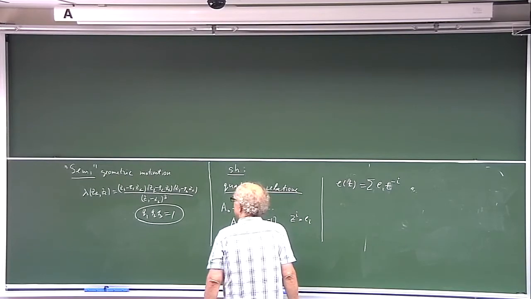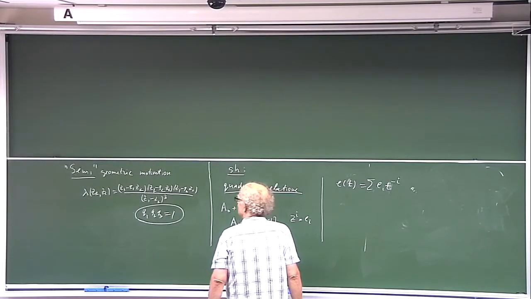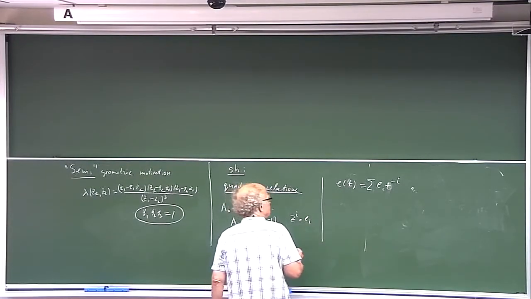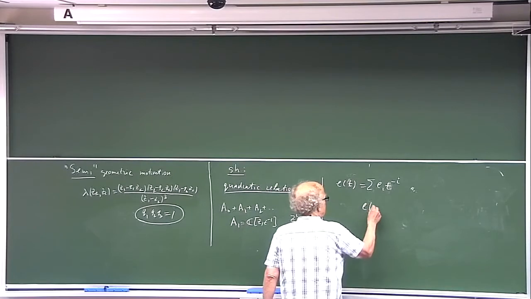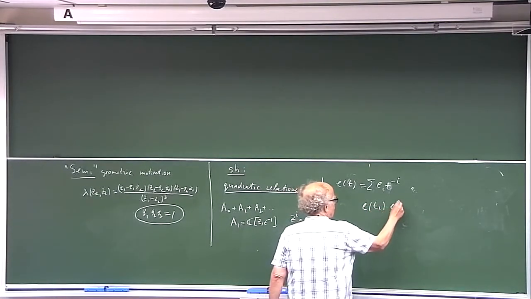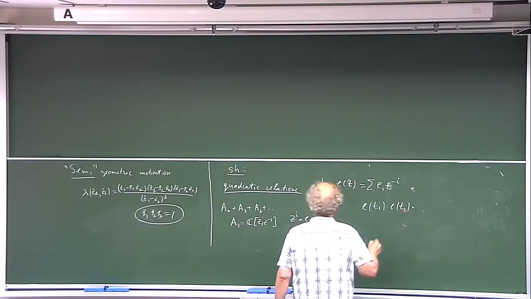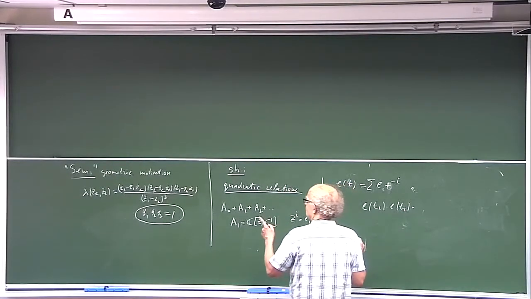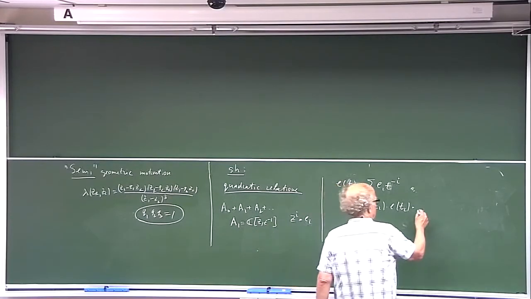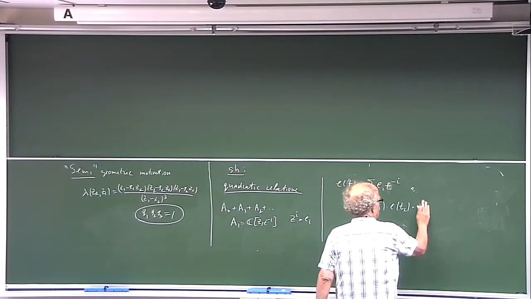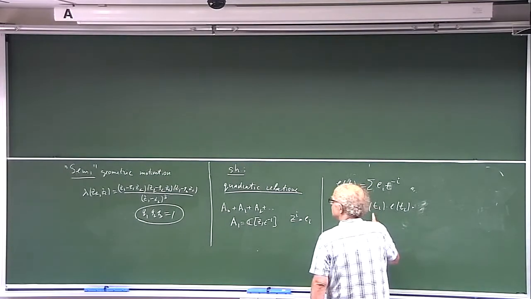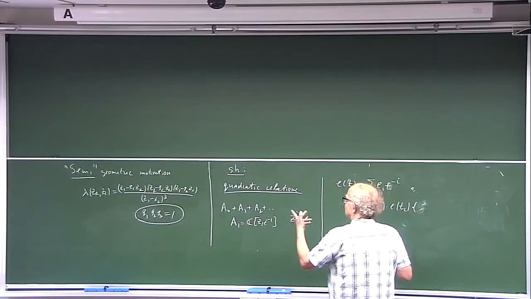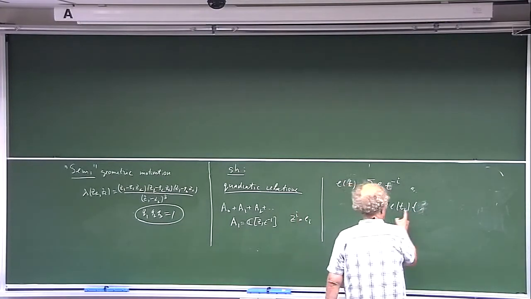The quadratic relation can be written in generating functions in the following way: E(t1) times E(t2), and here I can write maybe lambda inverse. Up to constants it will be correct.